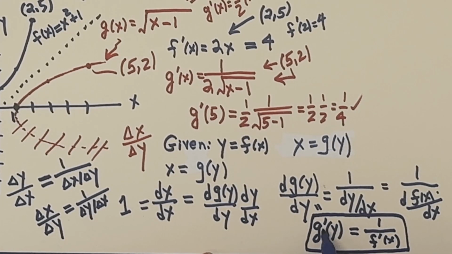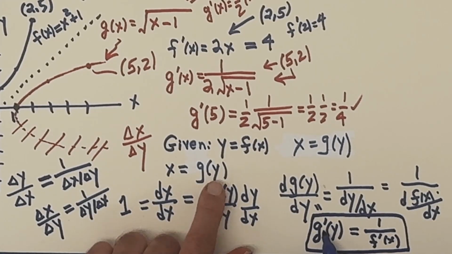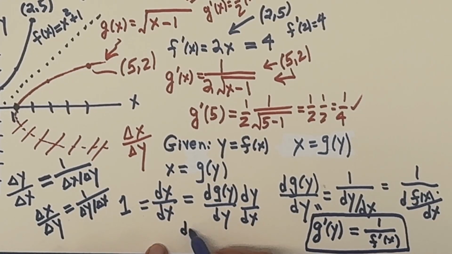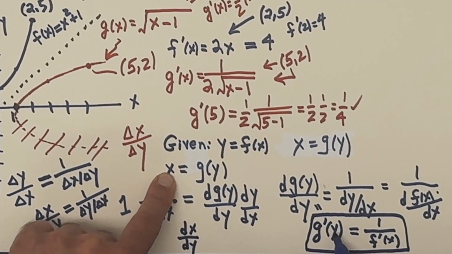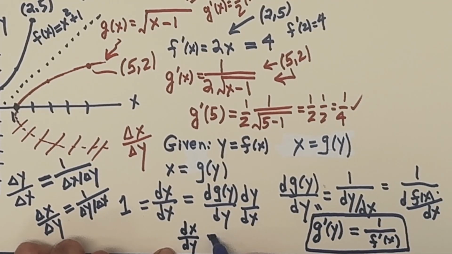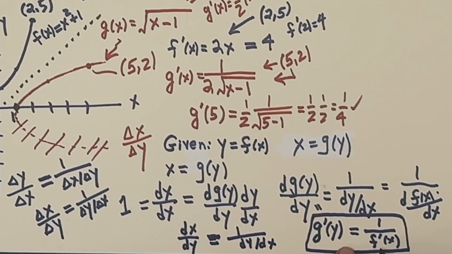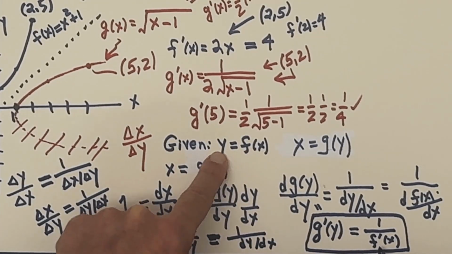But you could also think of this as, since g of y is x, you can also think of this as dx dy, because remember the g is x, and you're taking the derivative of the x with respect to y here, and that's equal to 1 over the derivative of y with respect to x, since the f function is the y.